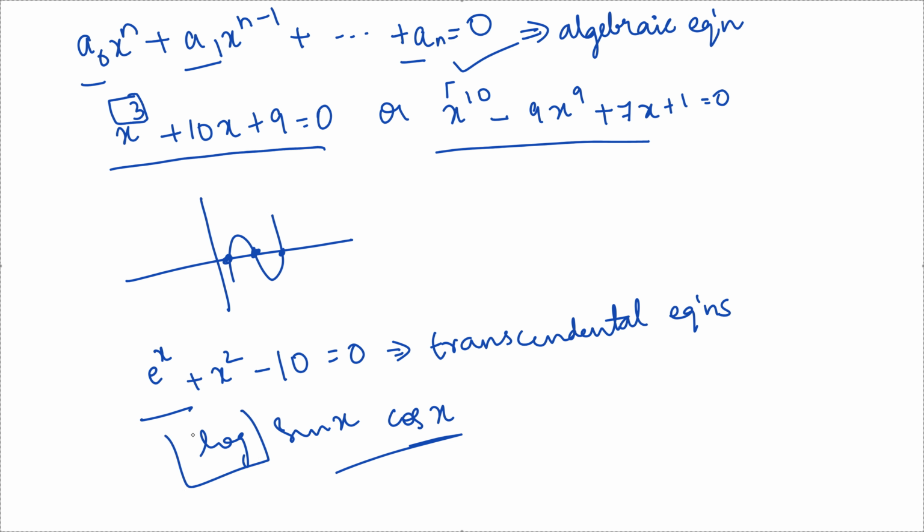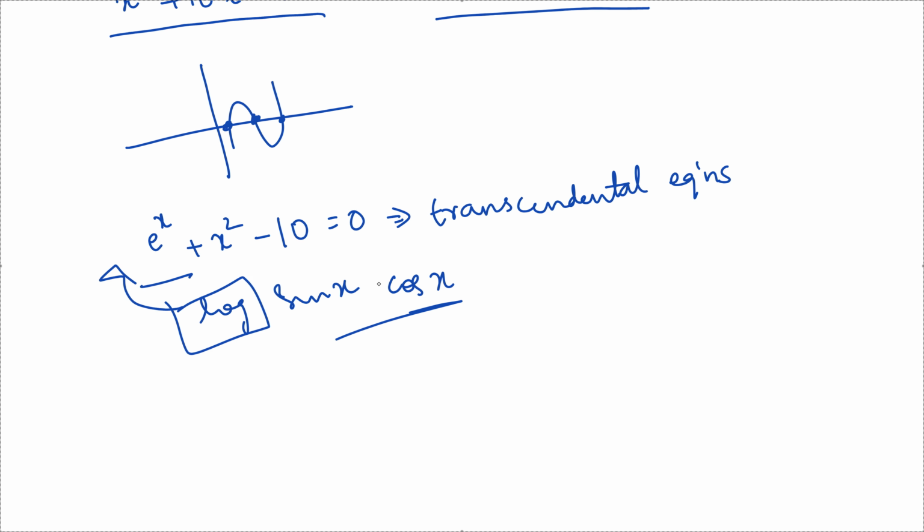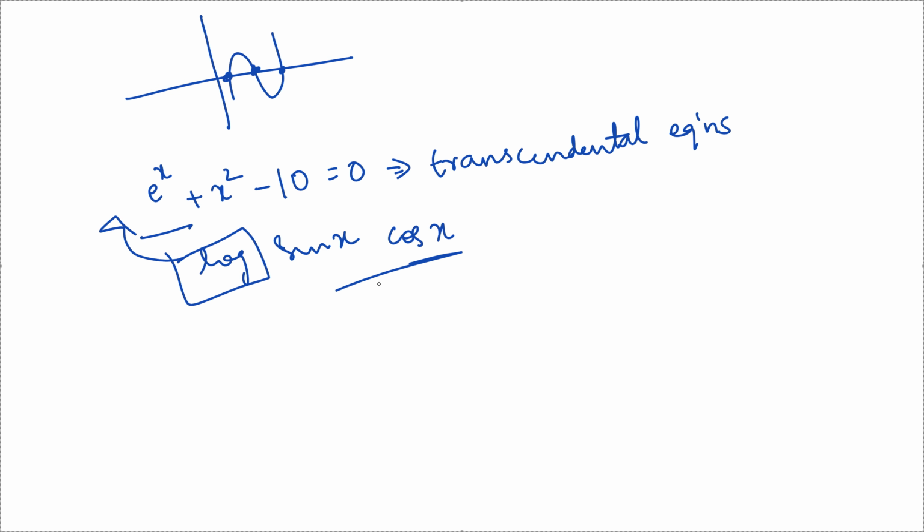These are transcendental functions, and if they are present in the equation, we call them transcendental equations. How to find the roots of these transcendental equations is something we are going to see. The methods we will be seeing, like the bisection method, help us to find the roots of these transcendental equations.